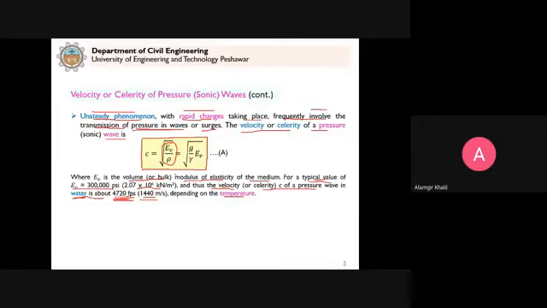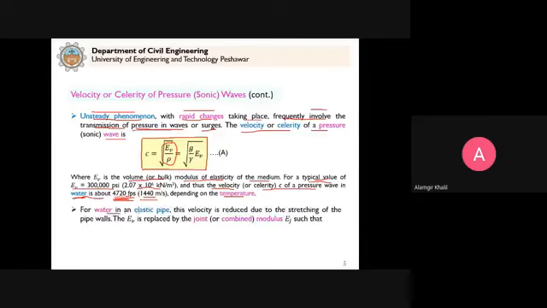But if we have an elastic pipe, for example a plastic pipe that can be elastic, then for water in an elastic pipe this velocity is reduced. Why? Because the pressure will be taken or resisted by the walls of the pipe also, because the pipe will expand. So some of the effect is taken by the pipe.